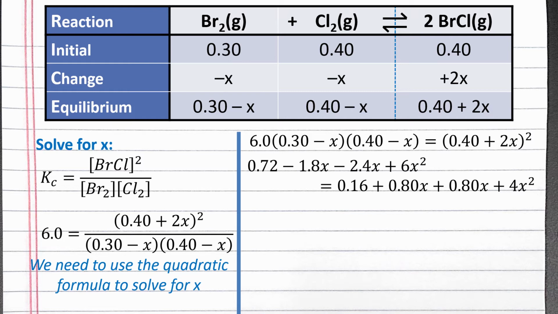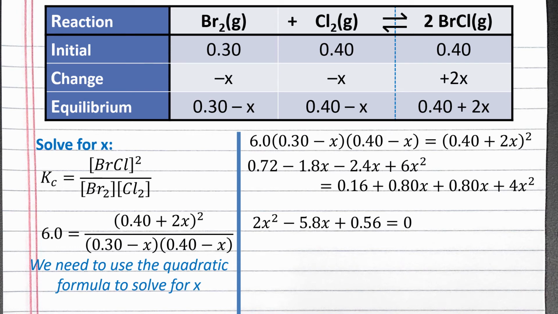And finally, on the left, 6.0 times negative x equals 6x squared. We can follow the same process for the right side, and we'll get 0.16 plus 0.80x plus 0.80x plus 4x squared. We can move all numbers over to the left side and combine like terms.